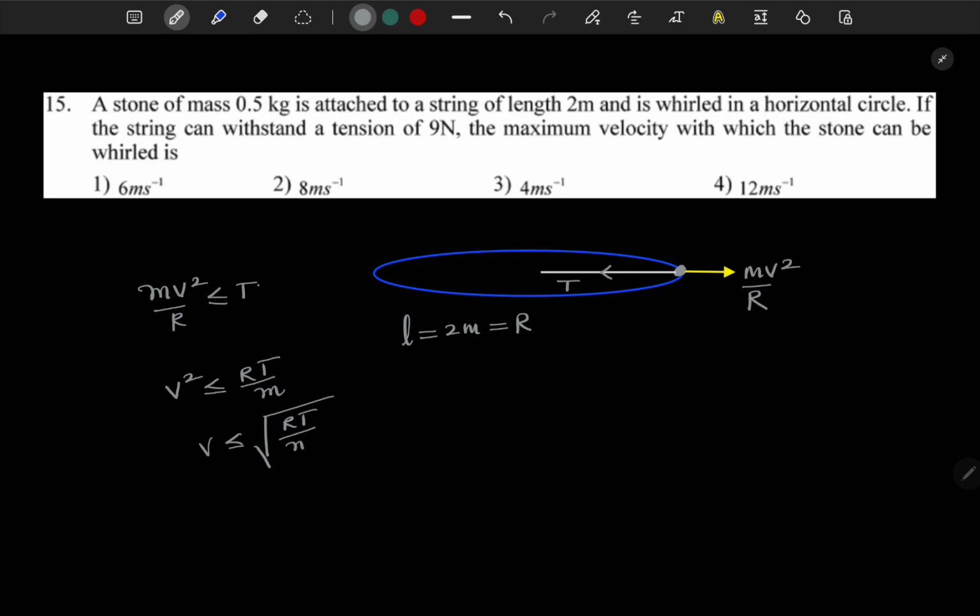So root of r is length, which is 2 meters, tension is 9, and mass is 1 by 2. So this is 36. Root 36 is 6 meter per second. So if the speed exceeds 6 meter per second, then the string is going to break. That's the answer for this question.